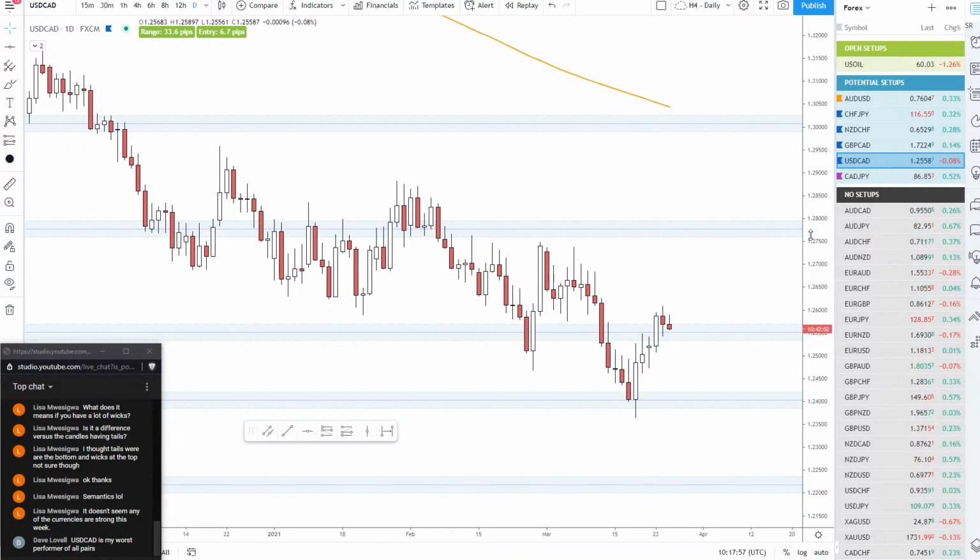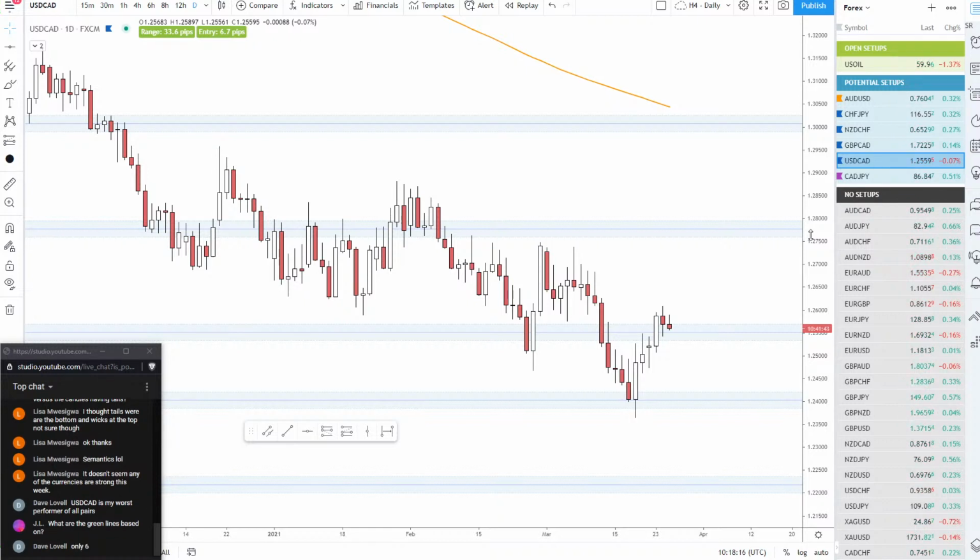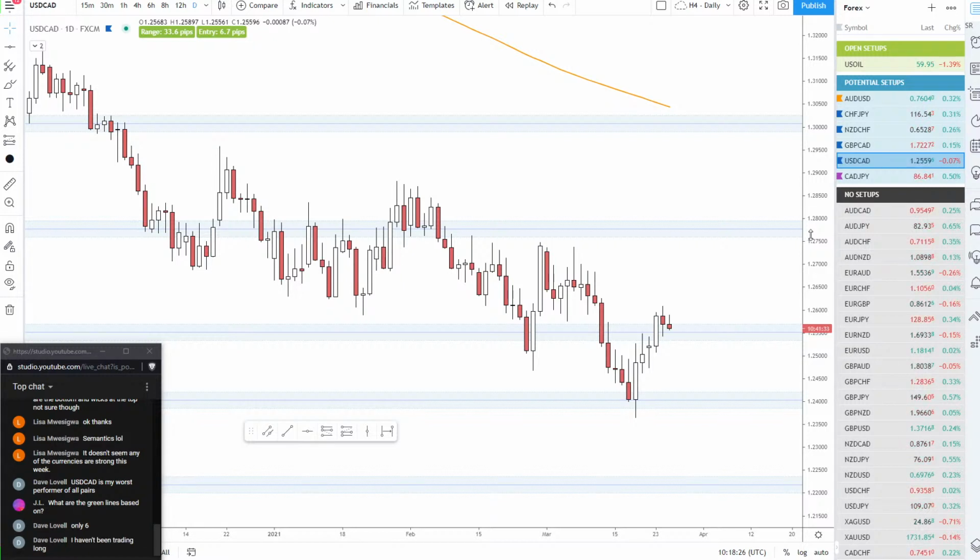Because until you hit that 30 trade benchmark for statistical analysis, that amount of data is not useless, but you can't draw any conclusions from it.